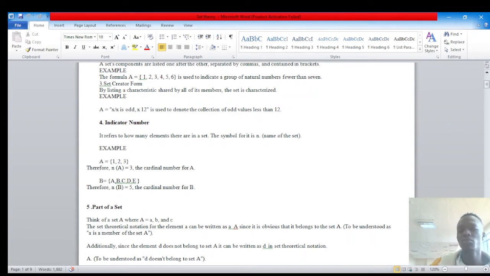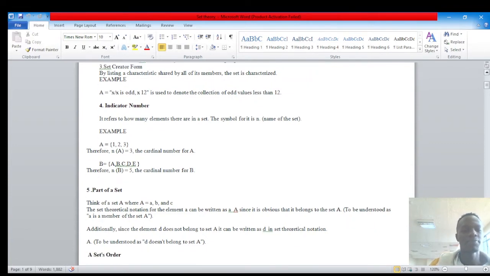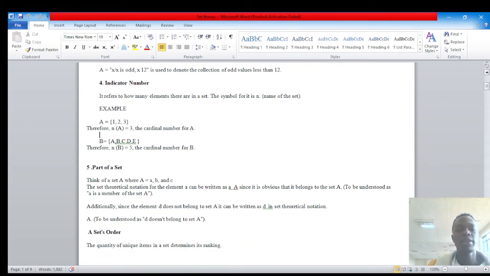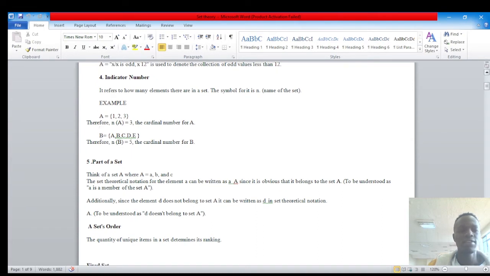Now we have the parts of a set. Think of a set A where A = {a, b, c}.